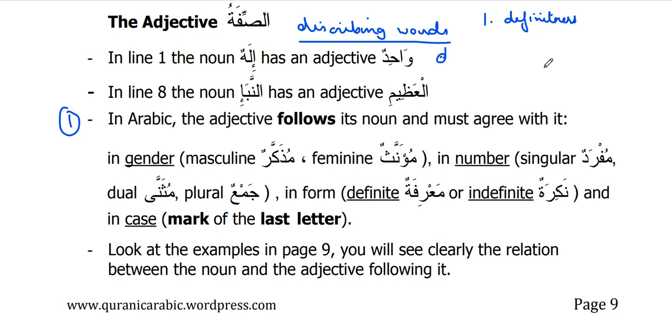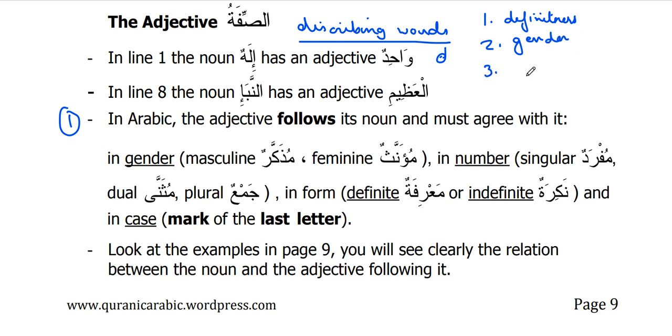The first one is definiteness. If the noun is definite, the adjective following the noun will also be definite. If the noun is male, then the sifa or the adjective will also be male.